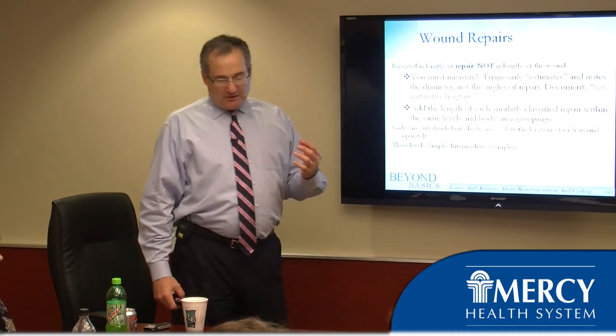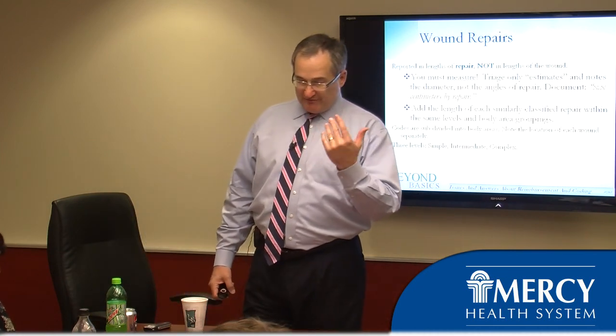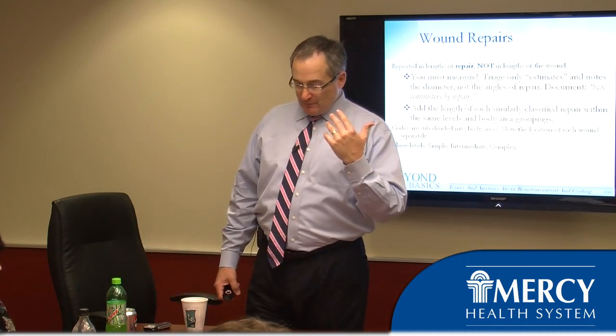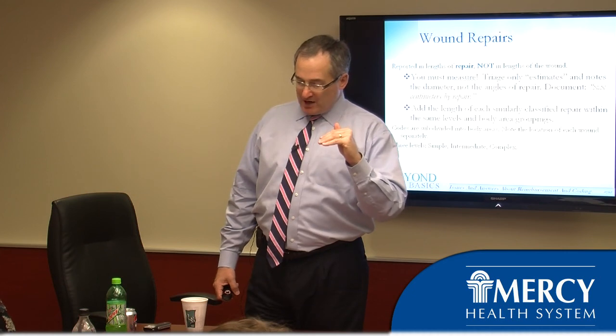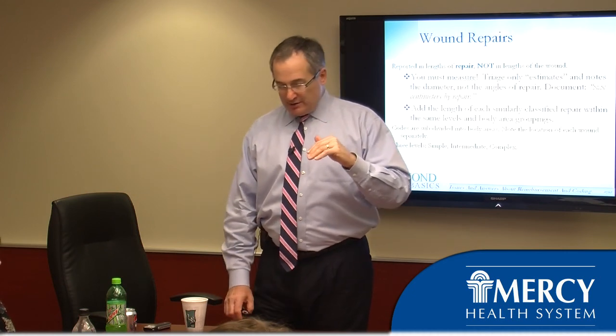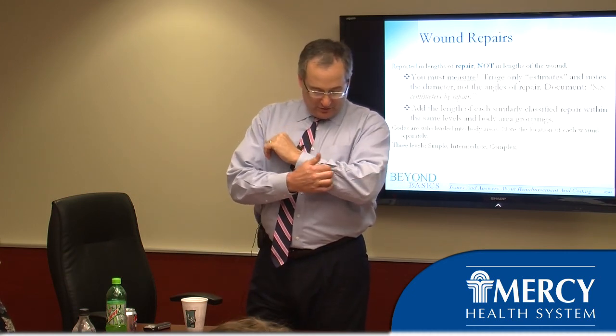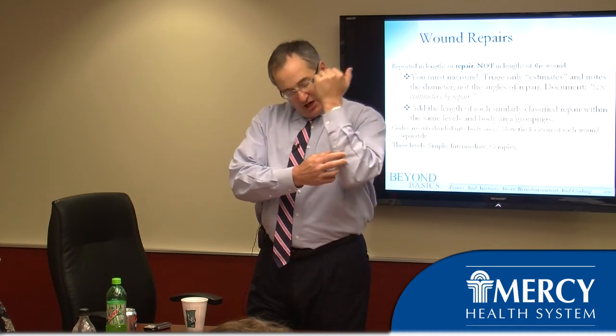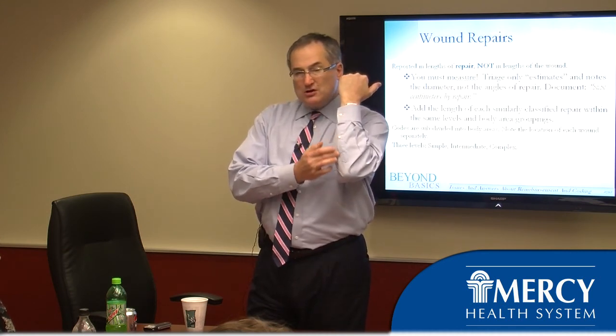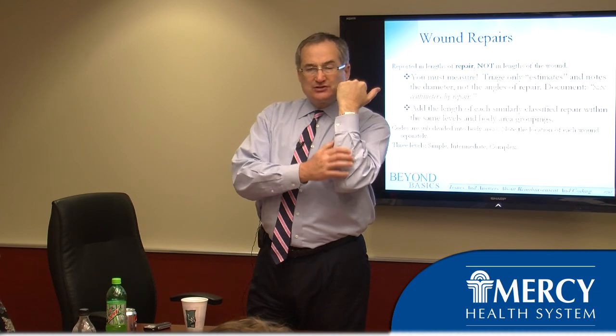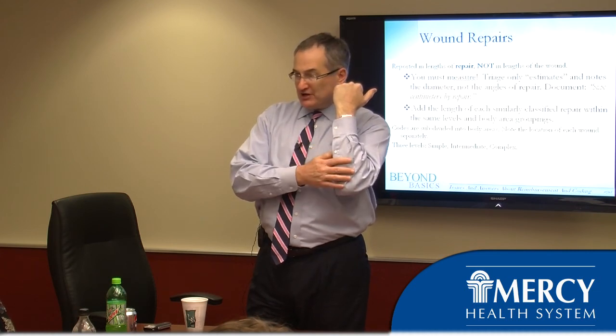Coders will know this: if I've got a single level repair, a 1 layer here, and I've got a 2 layer here, I would not add the lengths in reporting them. I would report them separately.